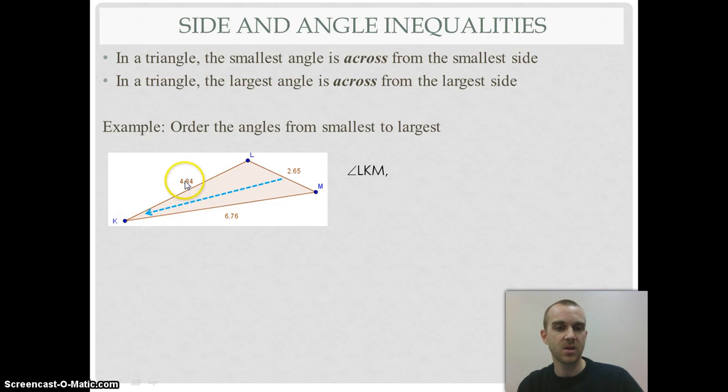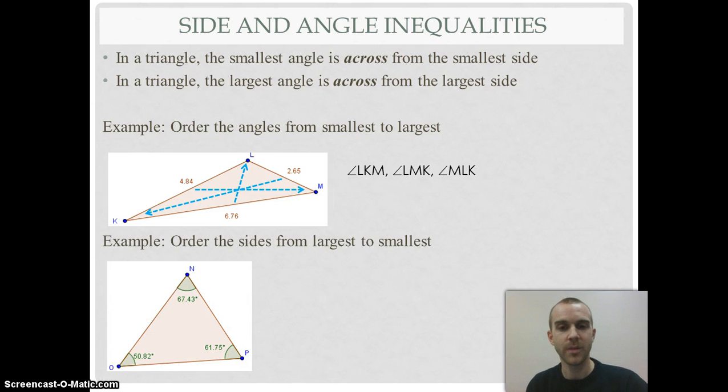Then my next one, I'm comparing 4 84/100ths versus 6 76/100ths. So for this 4 84/100ths, I look opposite, so that'd be angle M, or LMK. And that means my largest angle would be angle L, which I could also say is angle MLK.